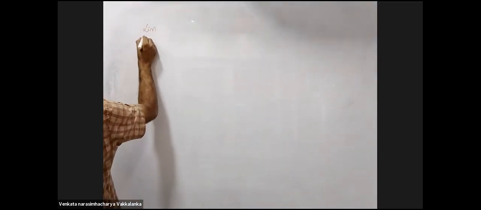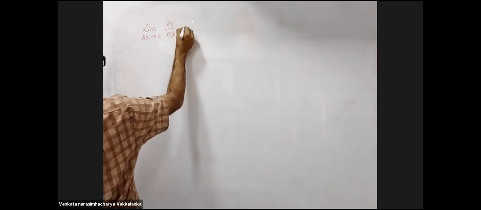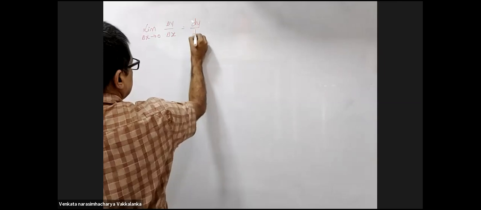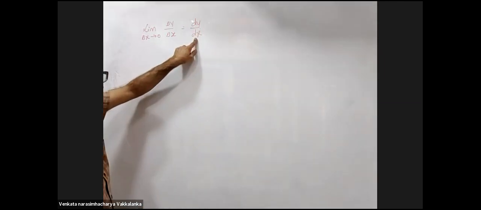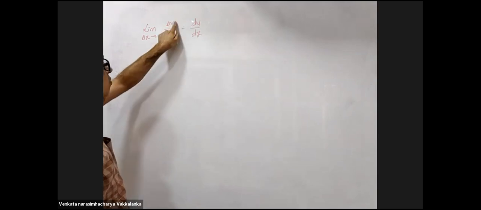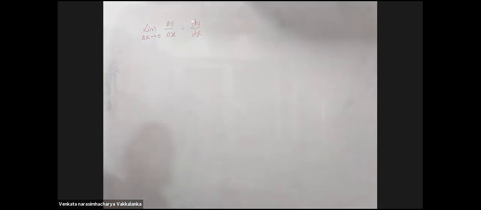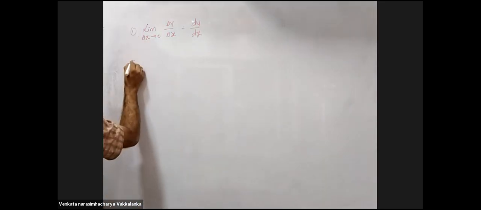Limit delta x tending to 0, delta y by delta x is nothing but dy by dx. When I write dy by dx, it means for a small change in x, I found out the corresponding change in y and divided. This is the first thing we learned.